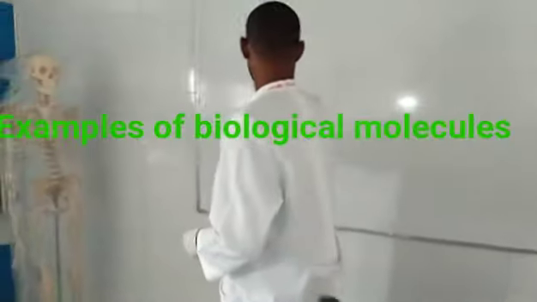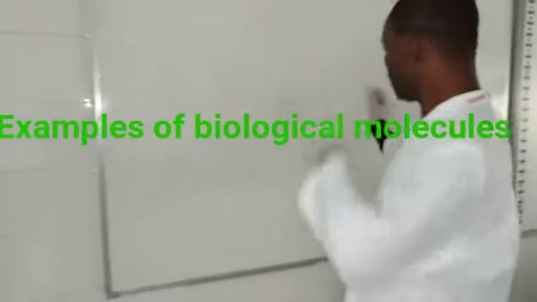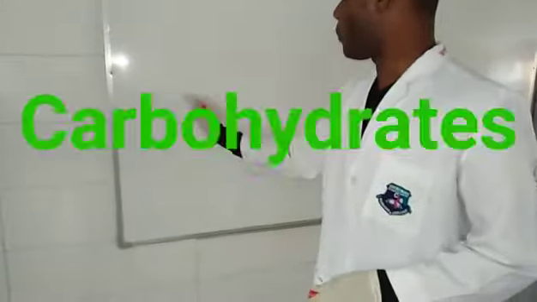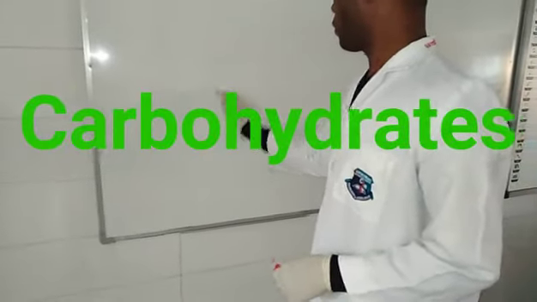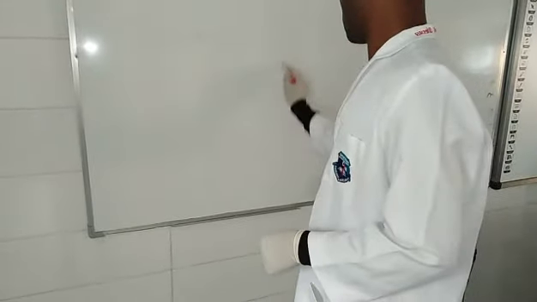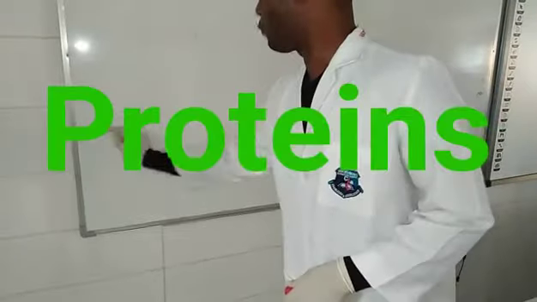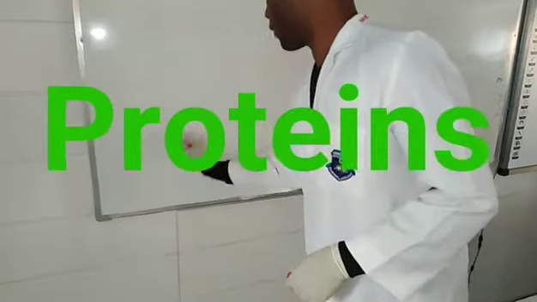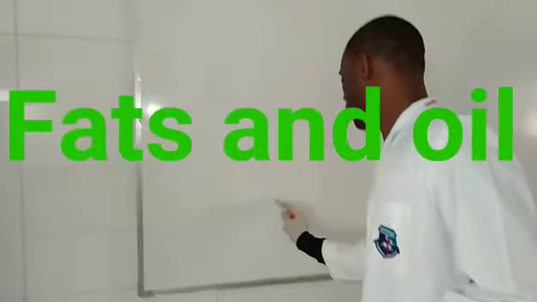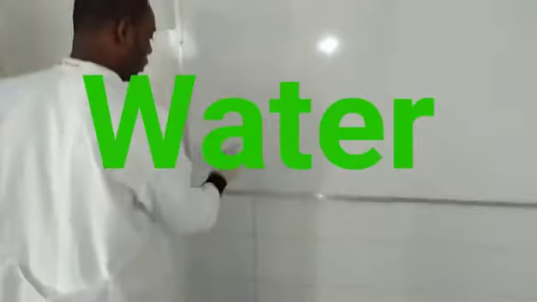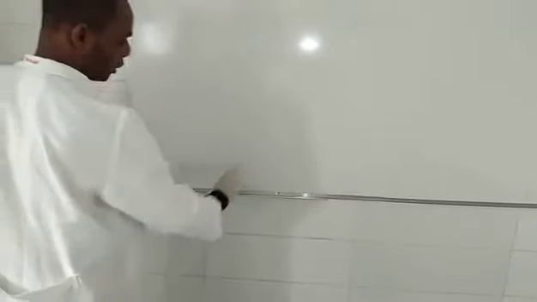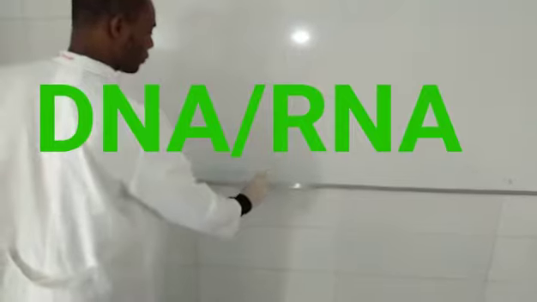Examples of biological molecules that we find in living systems are carbohydrates, proteins, fats and oil, water, DNA, RNA.